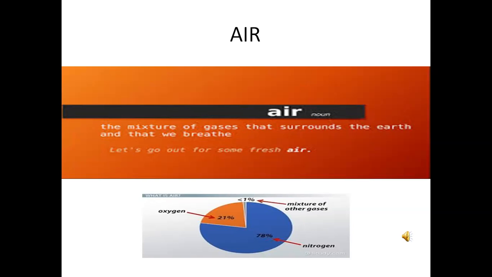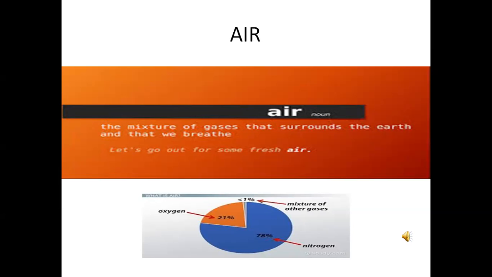We can't see, touch or taste air, but we can feel it. It is the air that makes all these movements possible. Thus we can understand that air is present all around us.